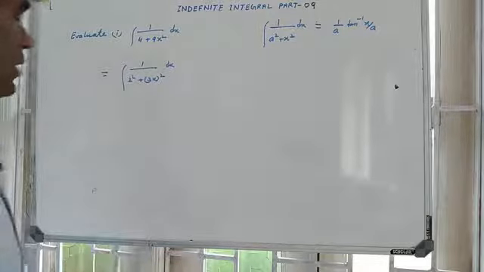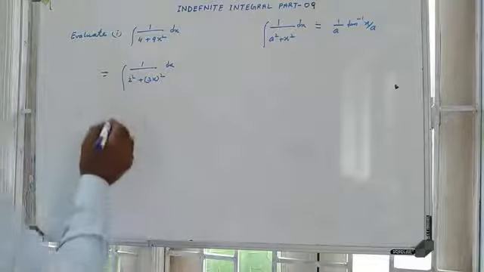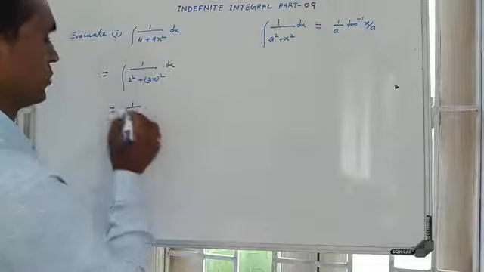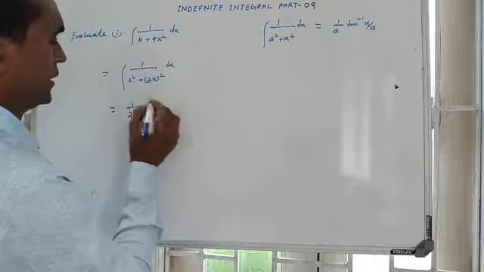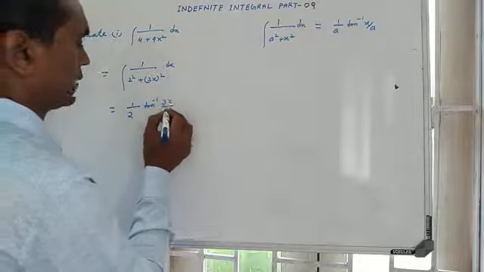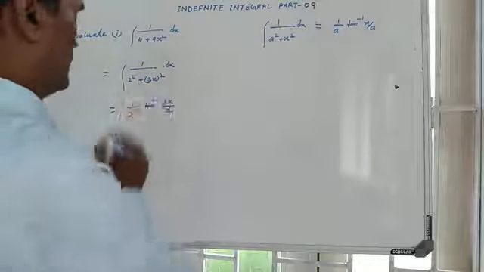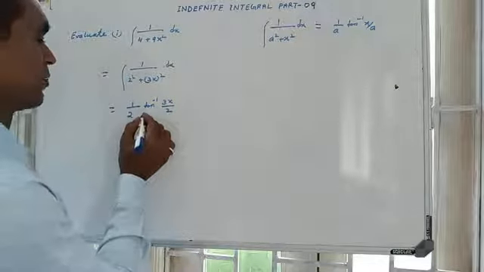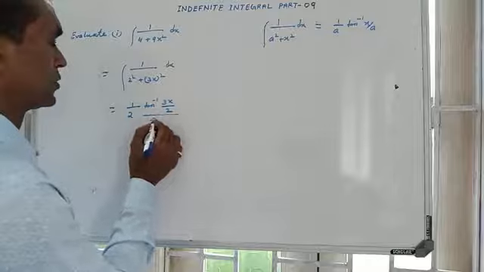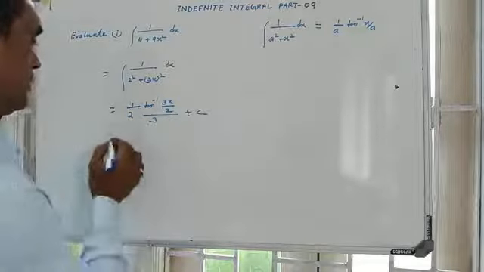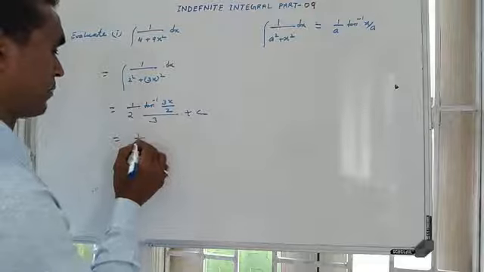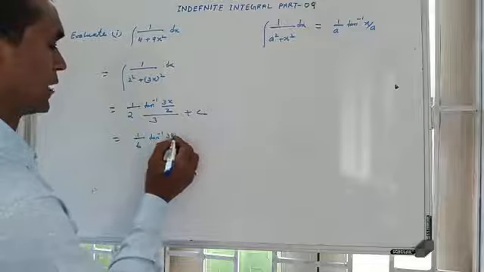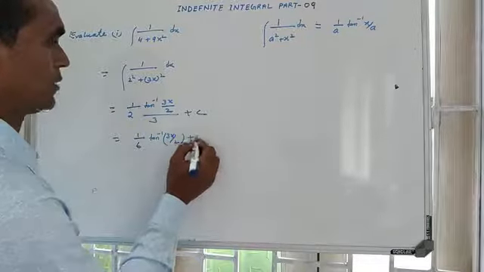A square plus x square, x is here 3x. So 1 by a, 1 by 2, tan inverse x by a, x is here 3x by 2. We have to divide this by coefficient of x, that is by 3, plus c. So you will get 1 by 6 tan inverse 3x by 2 plus c.